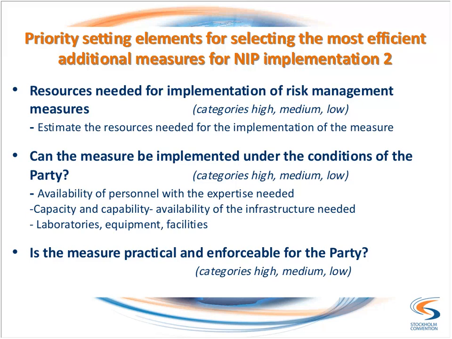Another very important element to consider when you are making priorities is whether the measure is implementable under the conditions of the party. Do you have personnel with the expertise that is needed? Do you have to hire external people?